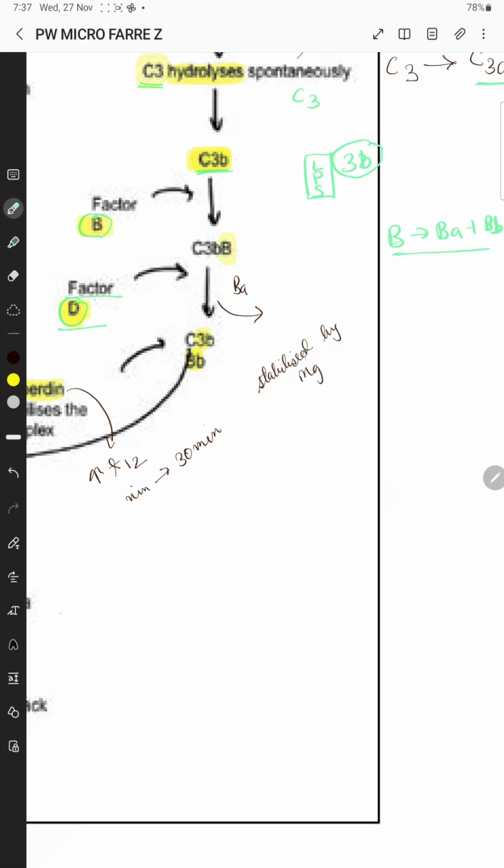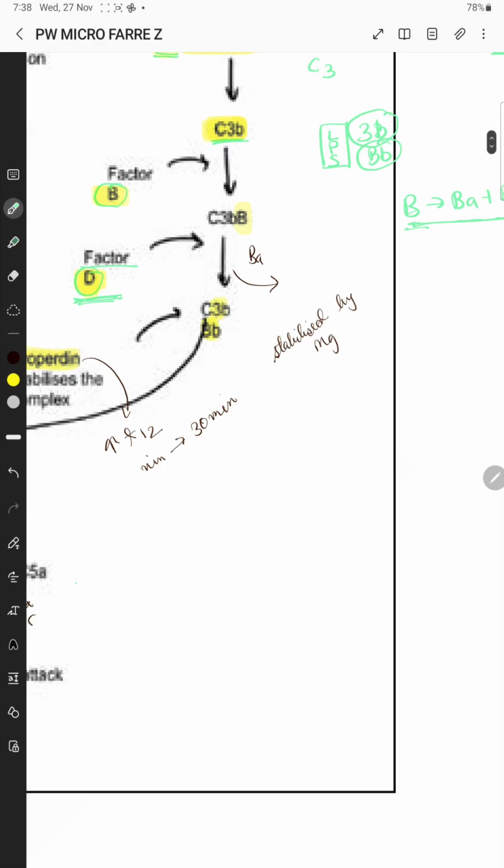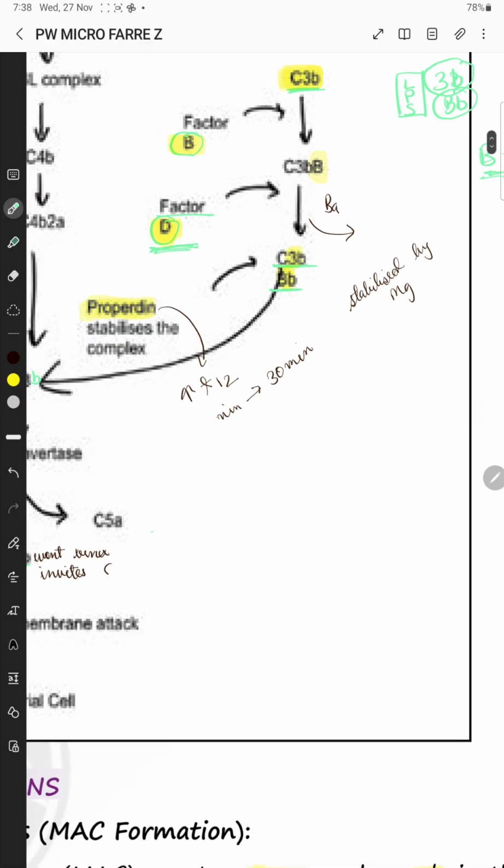So for the alternative pathway, factor D and factor B are required. Now BB will bind to it; BA will move away and BB will bind. So now it's C3B along with BB, and this is highly unstable.